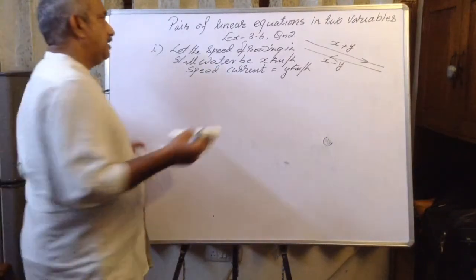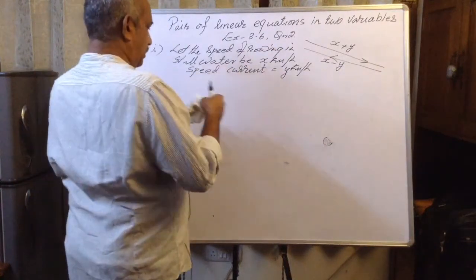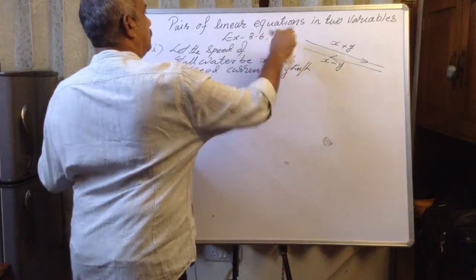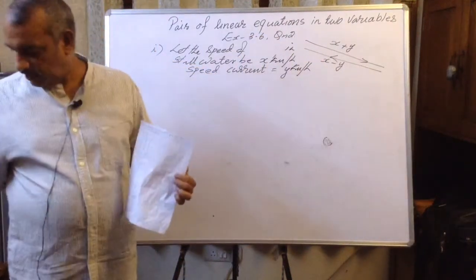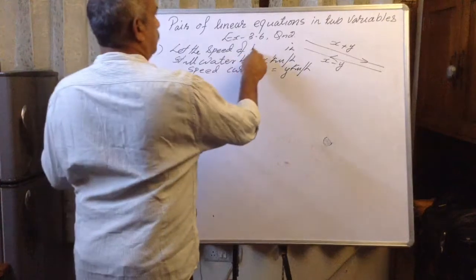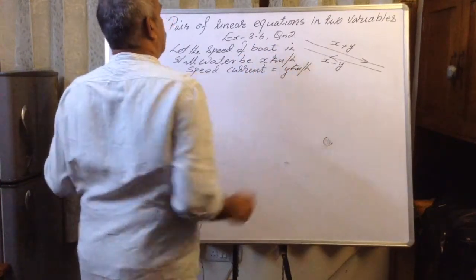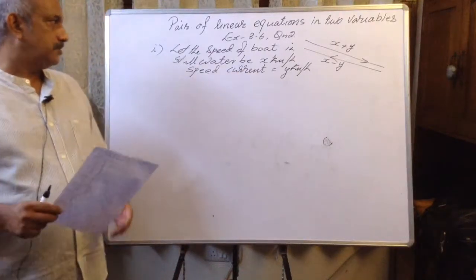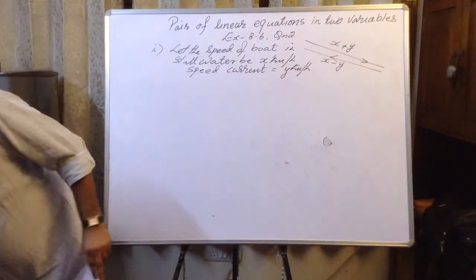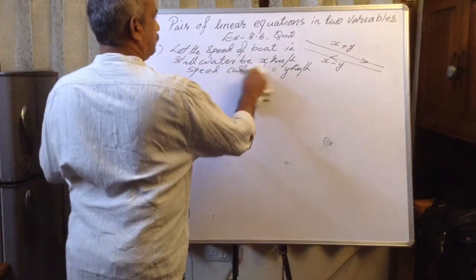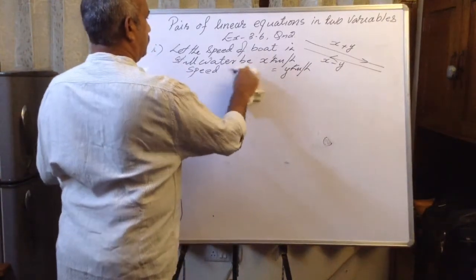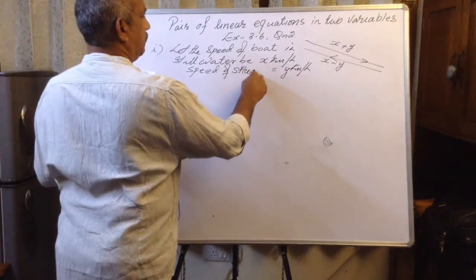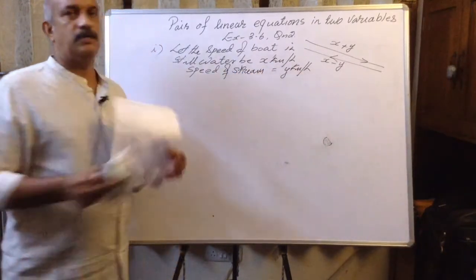So same only. We will assume that the speed, here in this case, in the first case it was rowing, now in this case boat only. So let the speed of boat in still water be x kilometer per hour and speed of the stream is equal to y kilometer per hour.